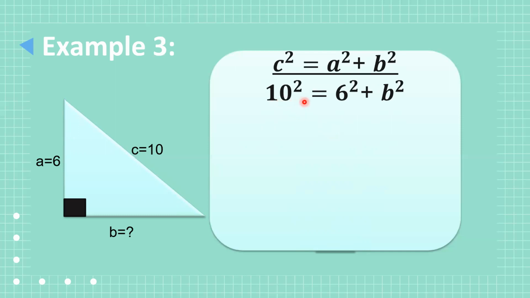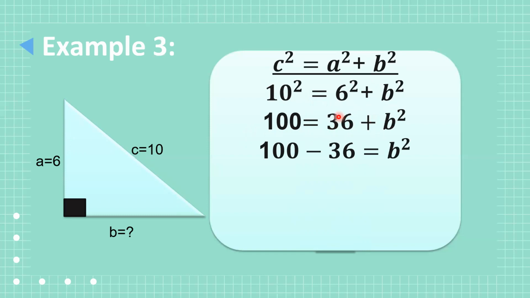We have 10 squared is equal to 6 squared plus B squared. 10 squared is equal to 100 and 6 squared is equal to 36. So kaya meron tayong 100 equals 36 plus B squared. Let's transpose 36 to the other side. Kaya siya merong 100 minus 36 equals B squared.